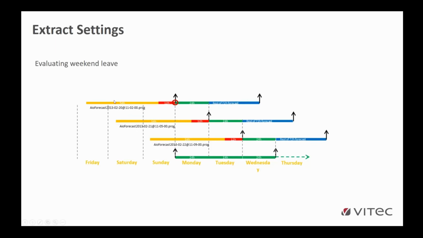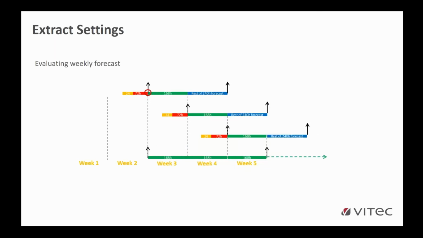Or you can have a longer search period that always covers Friday, and the Saturday forecast would be covered in this search period, and the Sunday would also, so it would extract Saturday from the same forecast as Sunday, but it would also always look for the newest. But if you haven't made any newer ones, then it would take the one on Friday still. So this way you can easily see the value of working weekends or not.